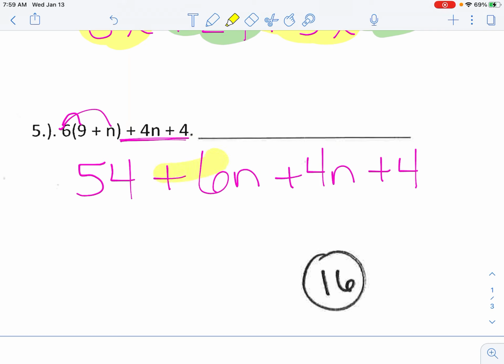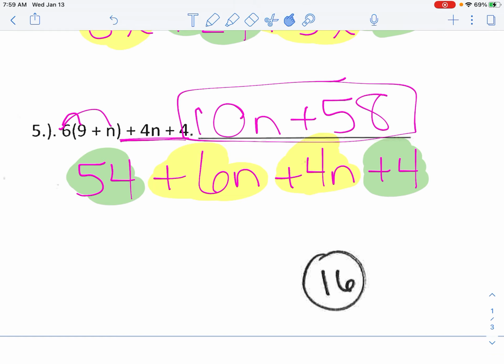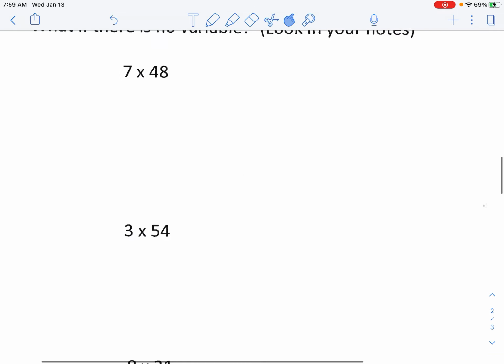So now I'm going to combine like terms. I'm going to combine 6n and 4n. Whoops, that's 10n. And 54 plus 4 would be plus 58. Final answer, 10n plus 58.